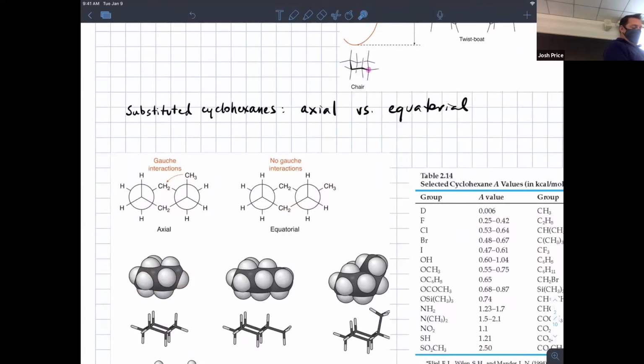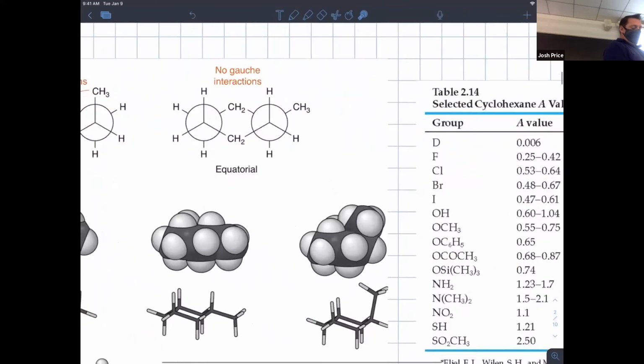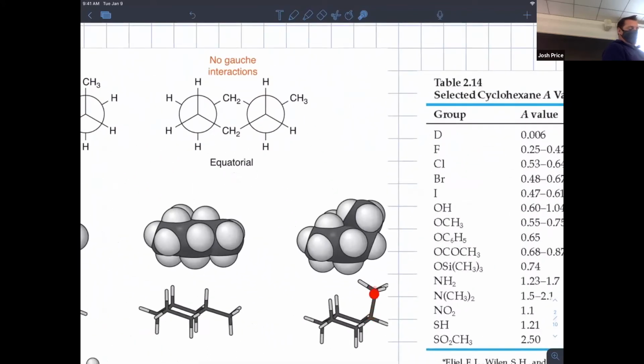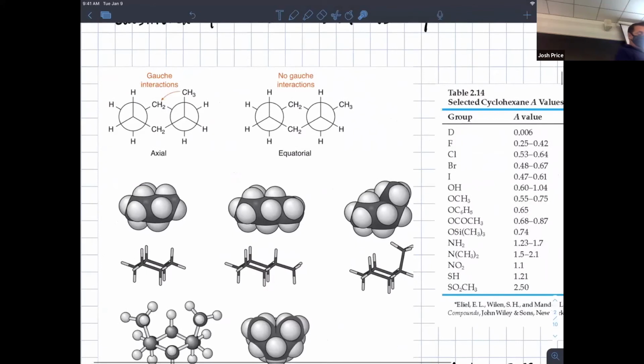Interestingly, and I didn't know this, though I guess it makes sense, it's unfavorable enough that if you force the methyl group to be axial, you're going to distort the chair a little bit. Do you see how the carbon-carbon bond is not parallel to the carbon-hydrogen bonds of the other axial positions? That's because the methyl group is leaning away to avoid an unfavorable diaxial interaction.